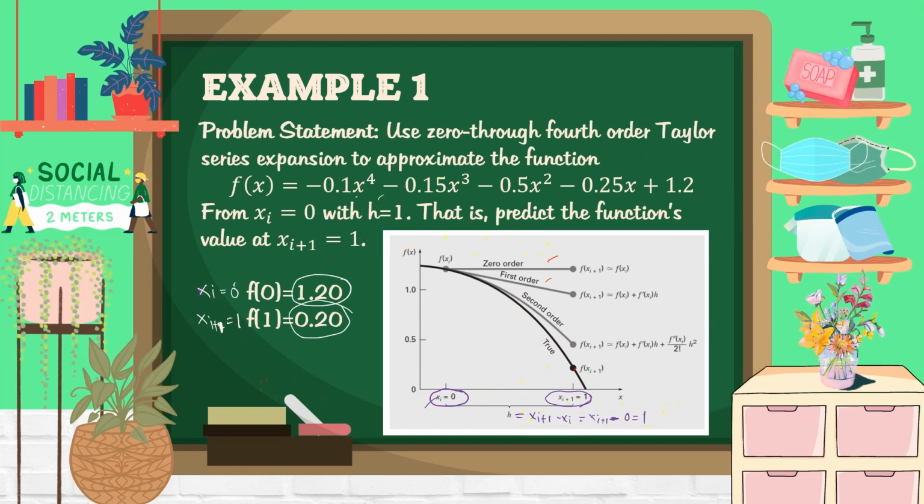The result shown in this figure indicates that the function starts at f of 0 equals 1.2 and then curves downward to f of 1 equals 0.2. Thus, the true value that we are trying to predict is 0.2. So, this is our 1.2 and this is our 0.2.